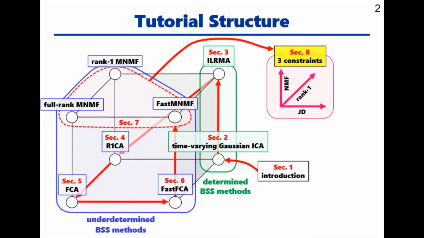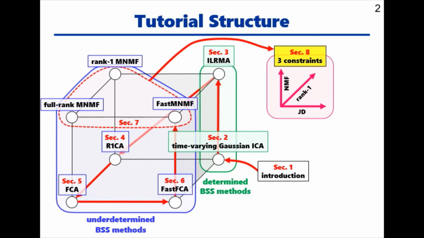This is section 8 of our tutorial. The section title is The Three Constraints. As I alluded to in section 1, the three axes of the cube represent three constraints on model parameters.